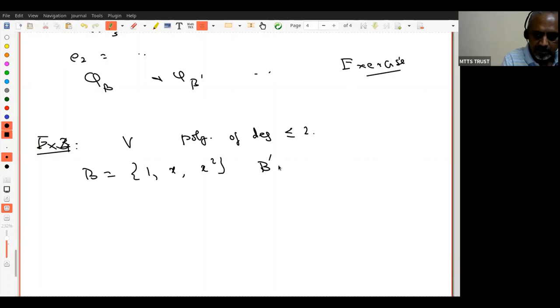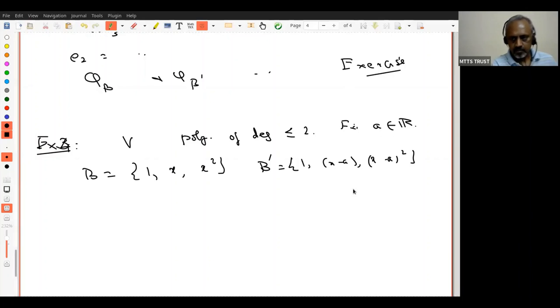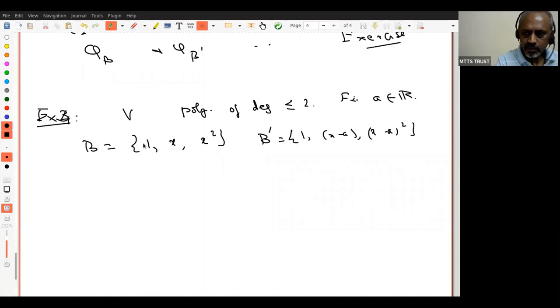Then I also have another basis B dash, where it is 1, x minus a and (x minus a) whole squared, where we fix a real number. Right? So of course, as usual, polynomials of degree less than or equal to 2 over the field of real numbers. If it's a different field, you have to accordingly take this. Okay, because there will be purists who want all such things. You should be aware of that.